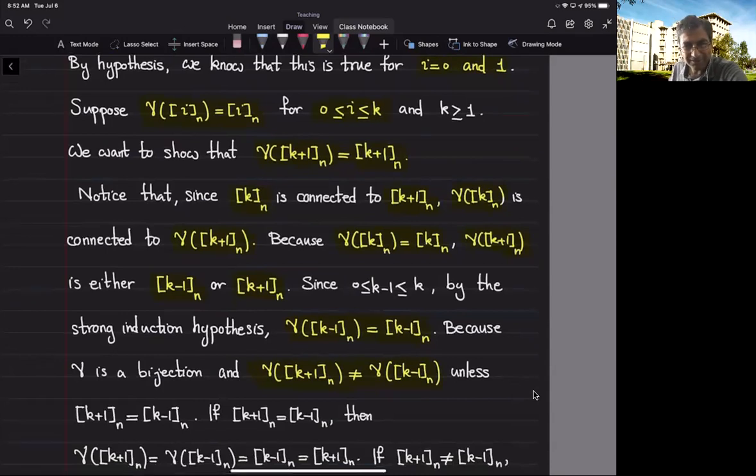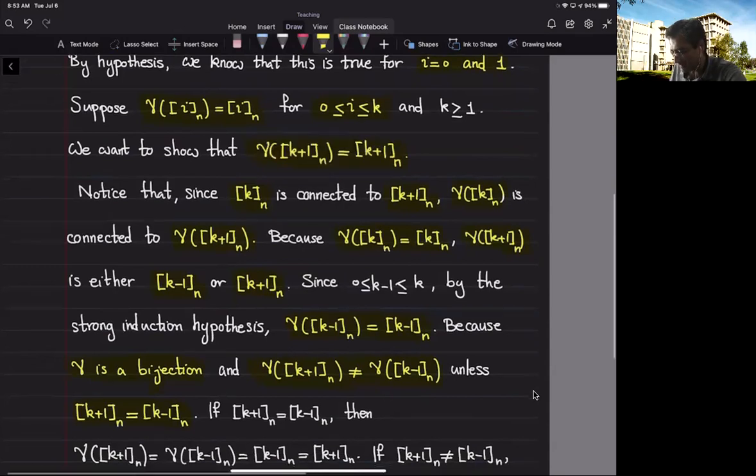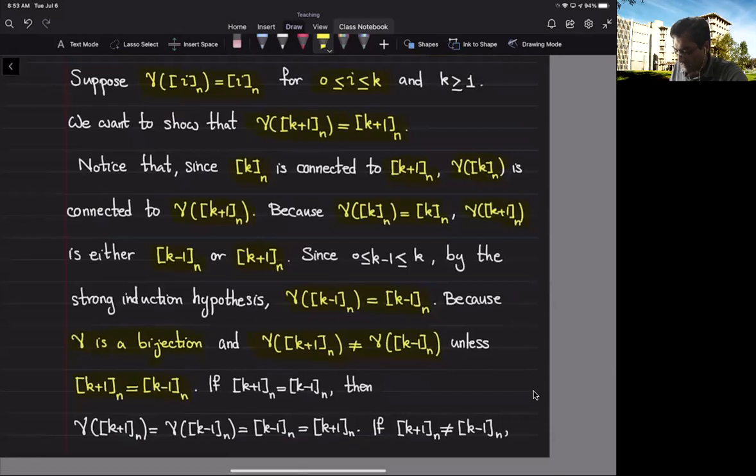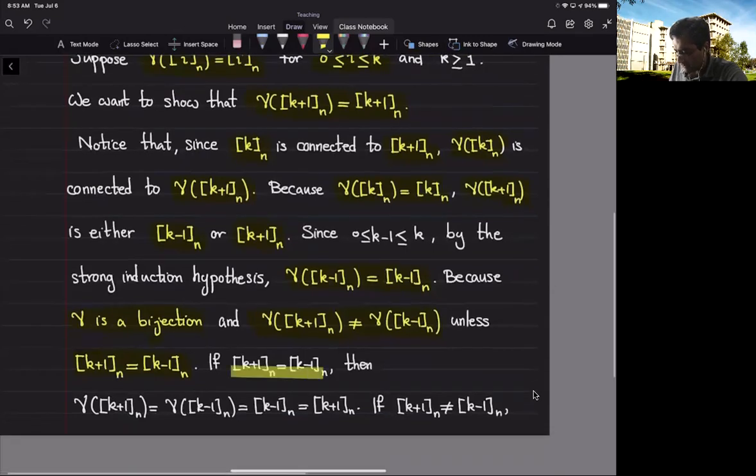So let's focus on the more important case where k plus 1 is not k minus 1. If they are the same, then of course our claim is still true, because gamma of k minus 1 is k minus 1 anyway. If they are the same, then gamma of k plus 1 is gamma of k minus 1.